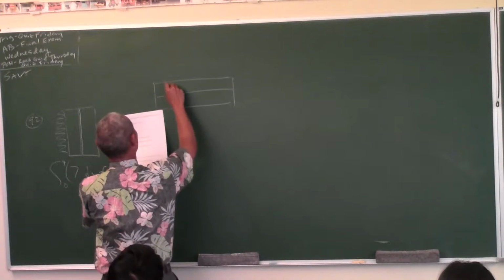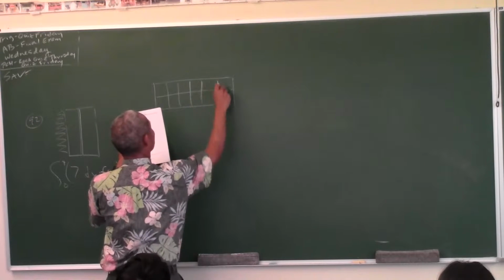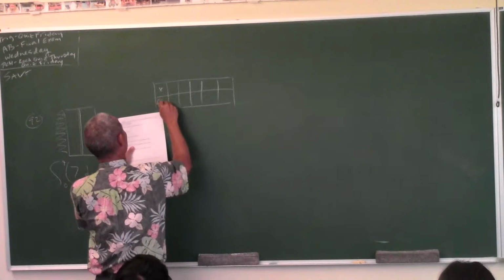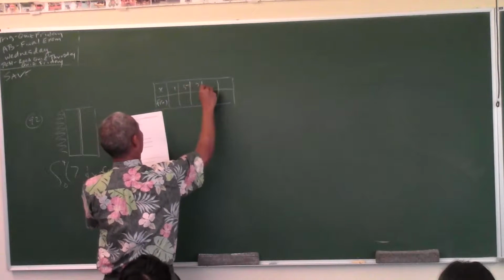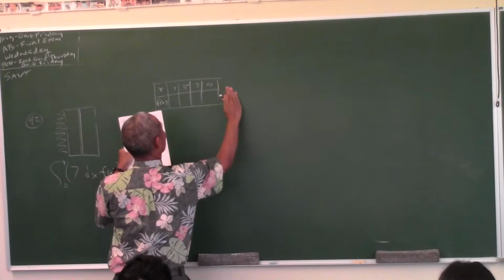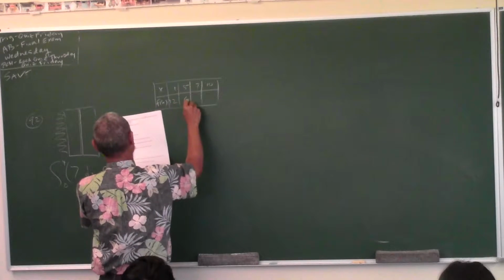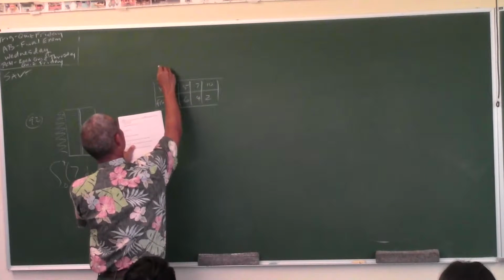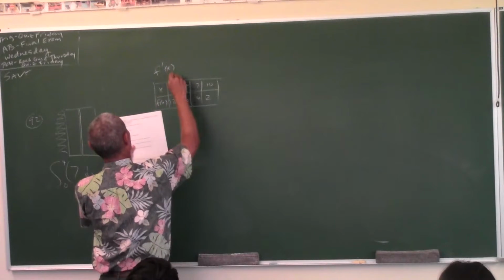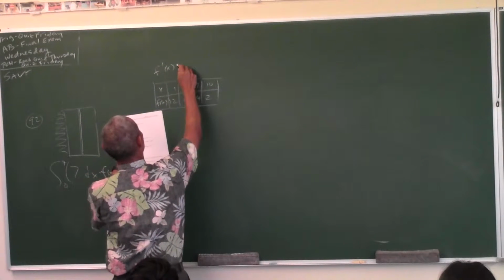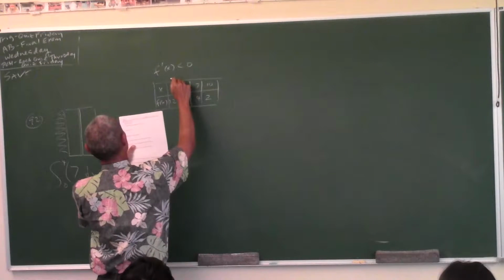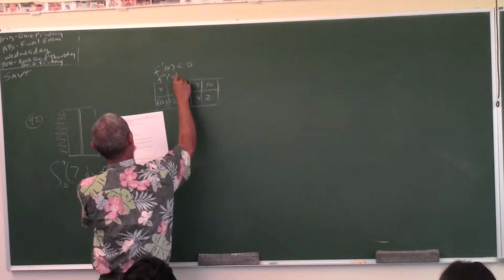For many of the problems I'm going to give you a chart like this, just like you've been getting. x, f of x: 1, 5, 7, 10, and then 12, 6, 4, 2. And then it says f prime of x is negative, f double prime of x is positive.